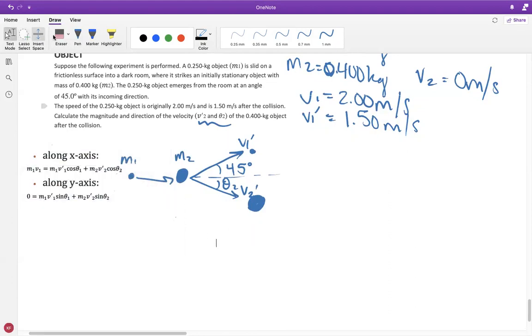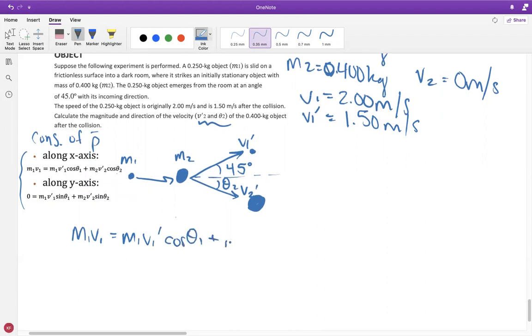Okay, so this is what we'll do. We know these two equations from conservation of P, and we're going to use these two in order to calculate our V2 prime. Let me start along the x-axis. We have M1 V1 equals M1 V1 prime cosine theta 1 plus M2 V2 prime cosine theta 2.